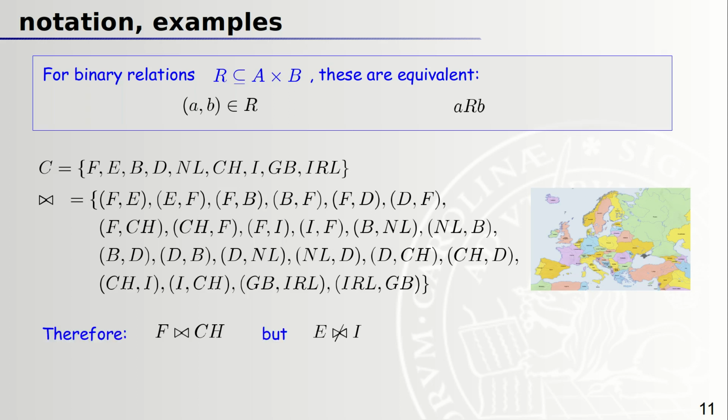Then, to indicate that, for example, France shares a land border with Switzerland, we write F bow tie CH, and to signify that Spain and Italy do not, we write E not bow tie I. The bar through the relation symbol denotes that the given pair is not in the relation.